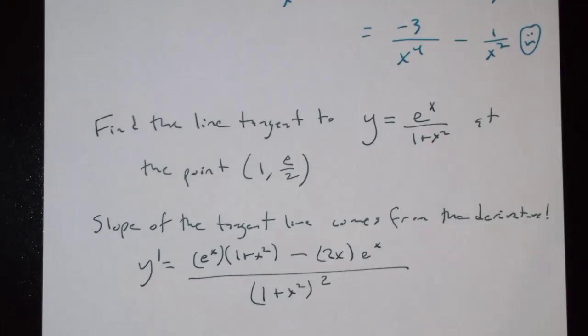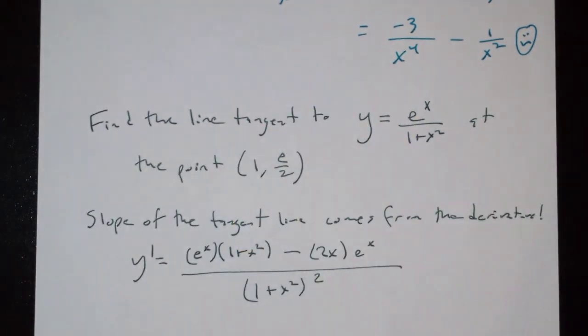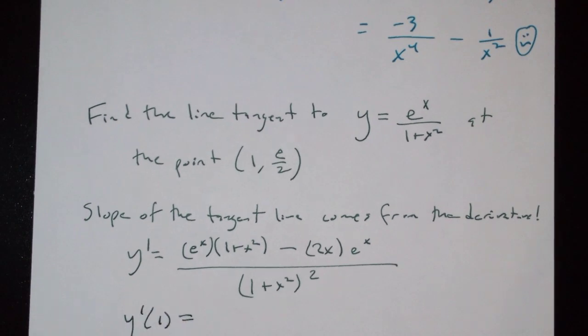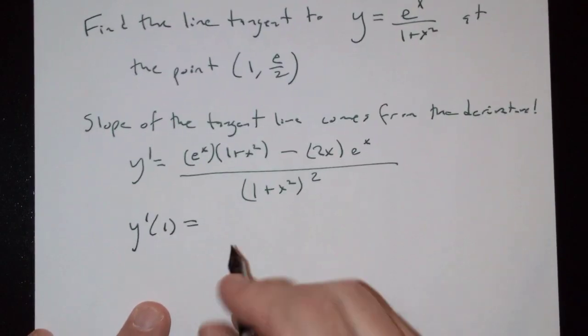Now I'm not going to simplify squat here, because I was given a point. I want the slope at that point. That's the x value I need to plug in. So I need to take this derivative and I need to plug in x equals 1. Y prime of 1. All I have to do is replace every x by a 1.